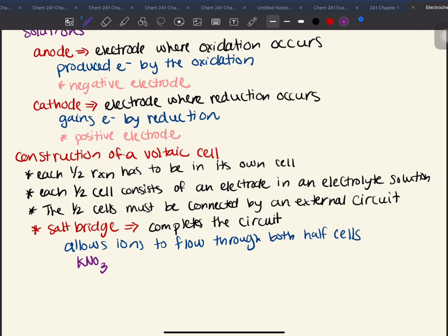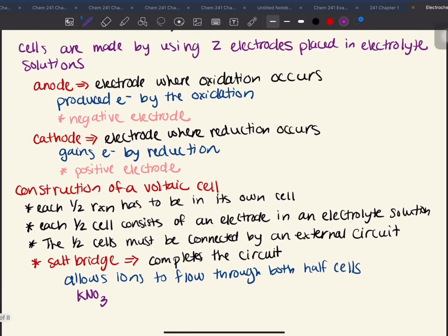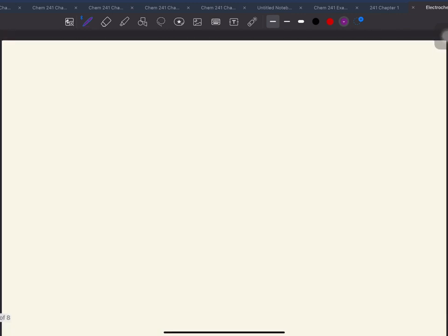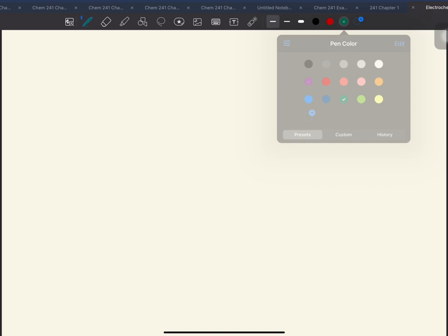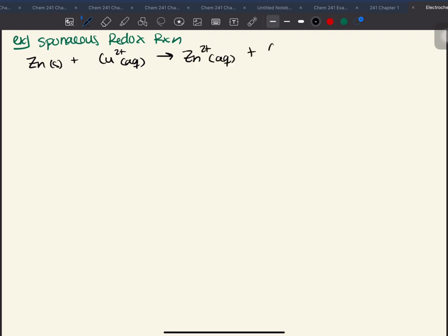So let's look at an example of a voltaic cell. Remember, a spontaneous redox reaction makes up a voltaic cell. So we can look at the reaction between zinc and copper 2 plus to yield zinc ion plus solid copper.